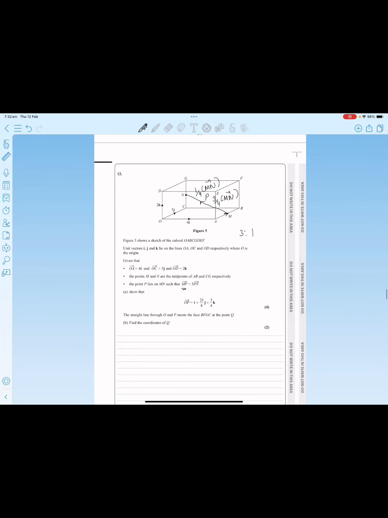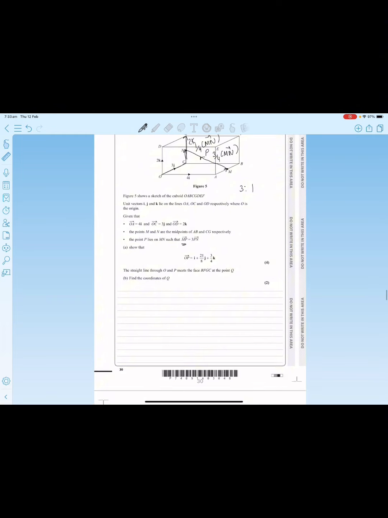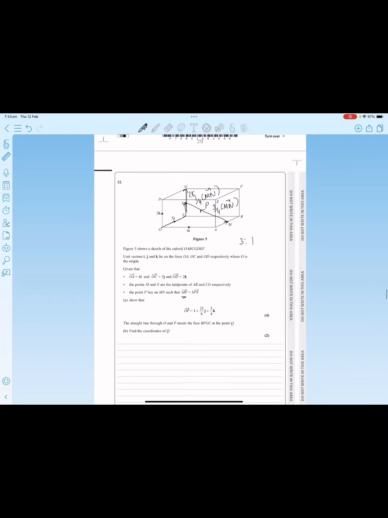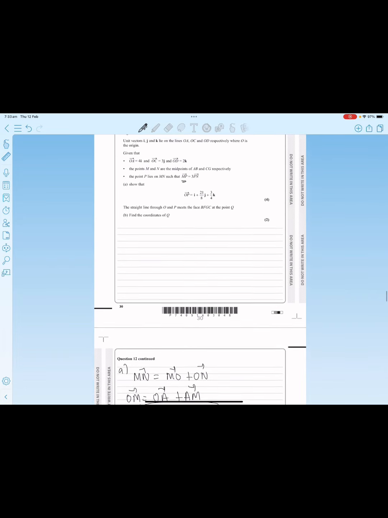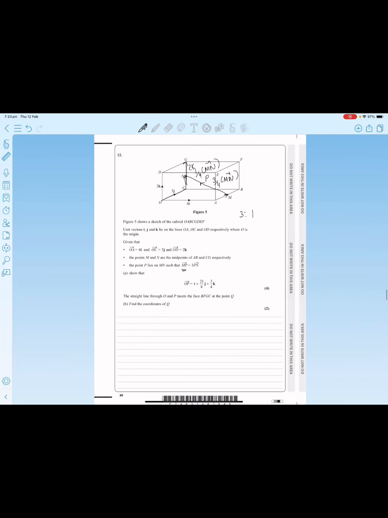Now let's do the same thing for ON. ON would just be O to N, so OC, which is 3j, and then C to N. C to G is the same as O to D, so this entire vector here is just 2k. So C to N, since it's the midpoint, would just be k. So ON is 3j plus k. Okay, now let's keep going. Now that I have these two vectors, what's the next step that I can take?